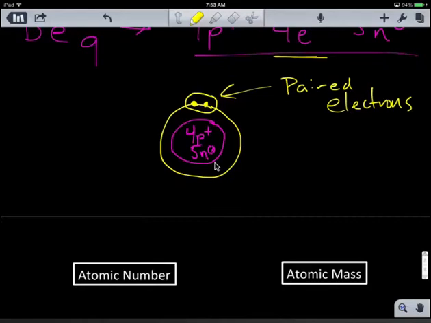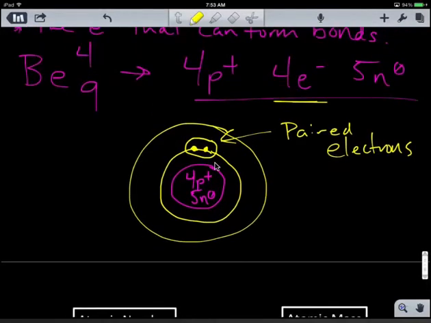So now I need to move to the second energy level. Because I have 4 electrons, I've only put 2 into my model. So now I need to distribute 2 more. And I like to start at 12 o'clock. So I start at 12 o'clock. There's 1. So I've used up 3. And I'm going to put another one over here. And this is a mistake a lot of students would make, is that they would pair those up right away.